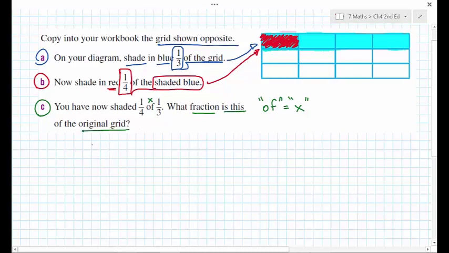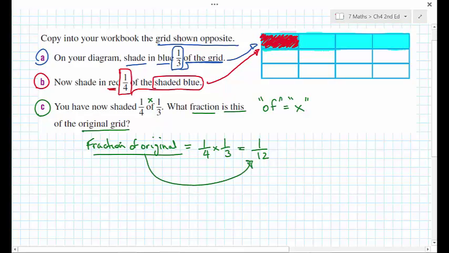So the fraction of the original grid is equal to 1/4 times 1/3, which in this instance is equal to 1/12 of the grid. So that's the fraction of the original grid.